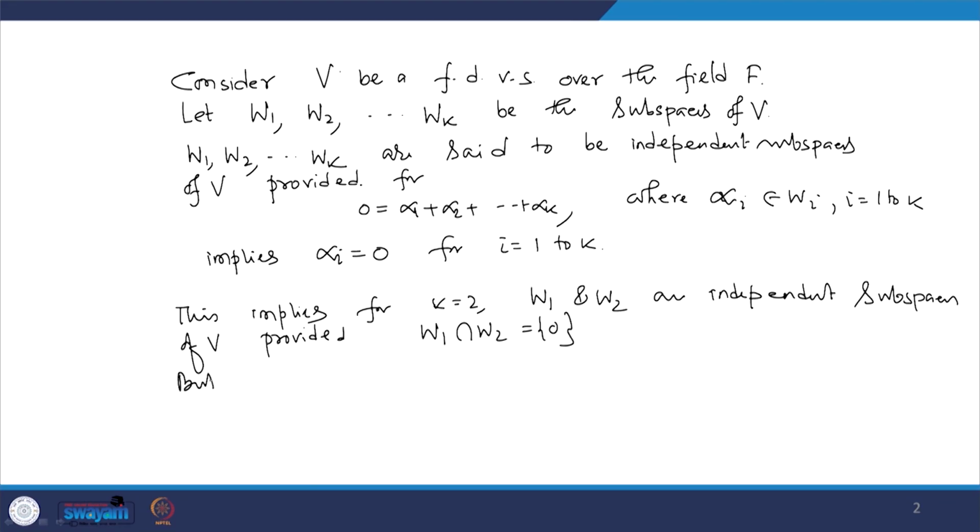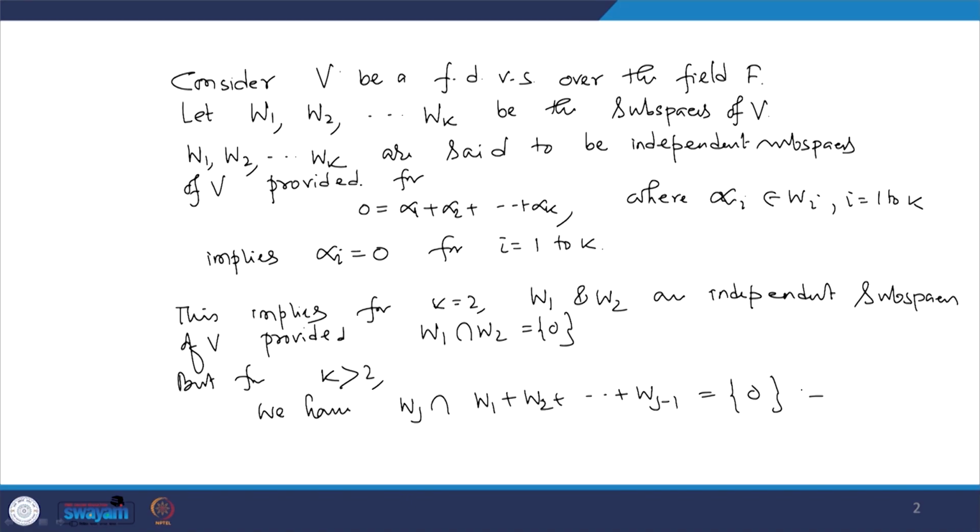But for the k greater than 2 case, we have Wj intersection W1 plus W2 plus Wj minus 1, the sum of subspaces W1, W2, Wj minus 1 intersection the Wj, equal to the 0 subspace.